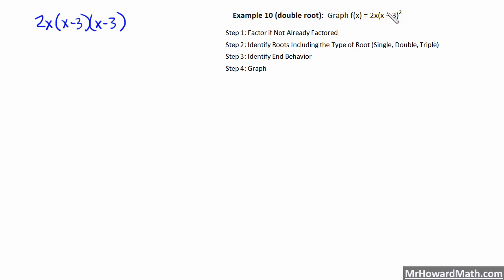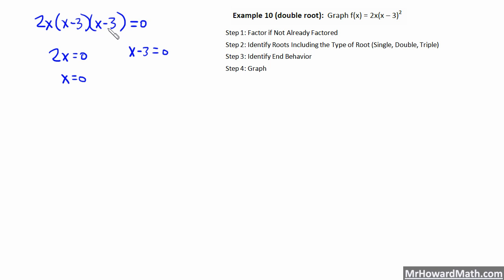This is equivalent to what we started with, but I want you to see when you have this power of 2 right here for this x minus 3, that is where our double root is coming from, because notice when we break this thing down and we set it equal to 0, that means that either 2x is equal to 0, so divide by 2 here and we get x equals 0, or x minus 3 has to be equal to 0.